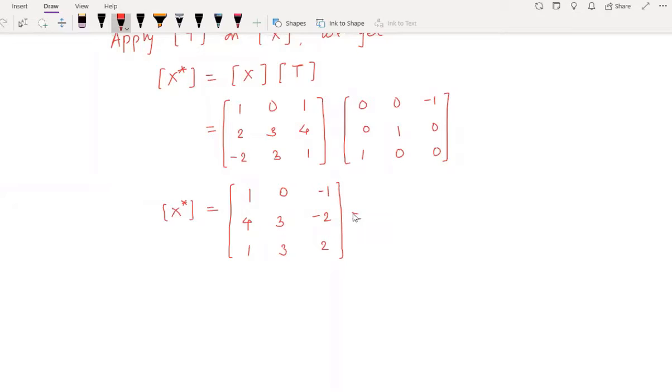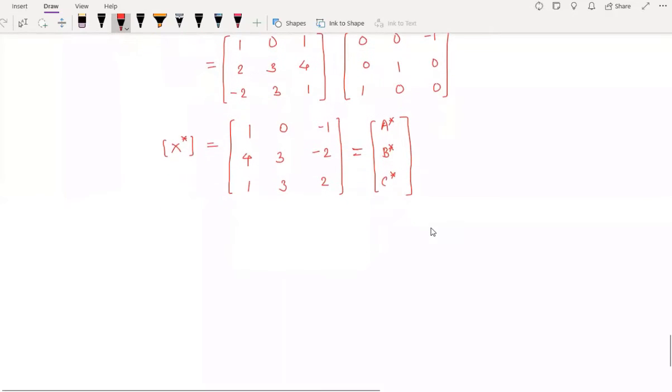So X star is nothing but the position matrix of the transformed triangle A star, B star, and C star. After transforming the triangle ABC by applying the rotation about the y-axis through 90 degrees, the position of the triangle ABC is A star, B star, C star.